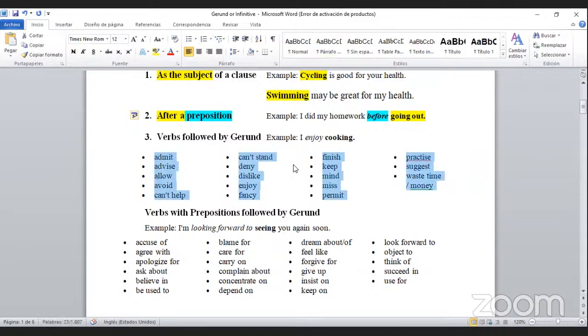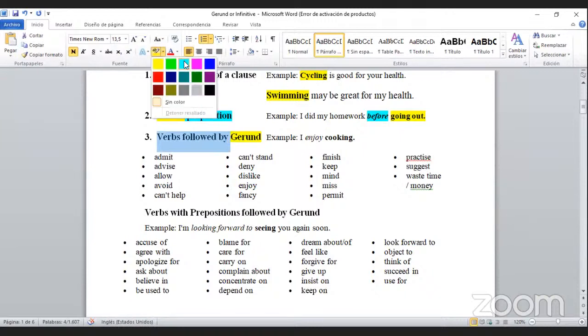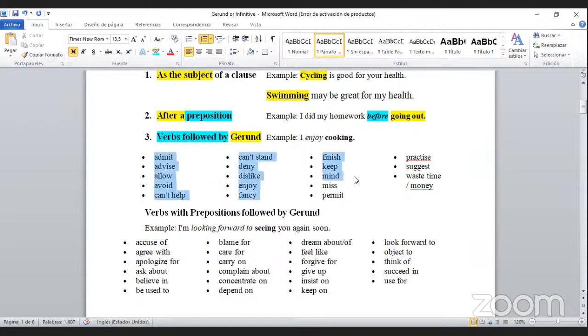We are going to use these verbs, but after these verbs, we always have the gerund. That's why it says here, verbs followed by gerund. So here we can see these verbs that only work with gerund.